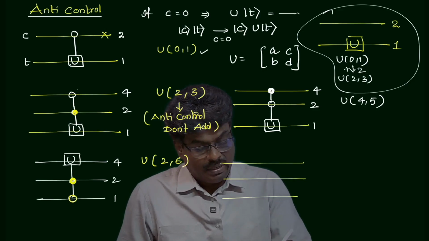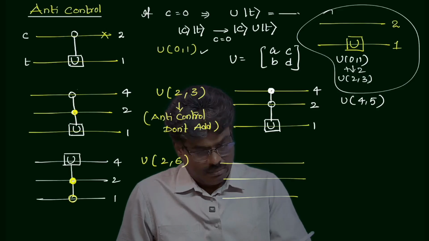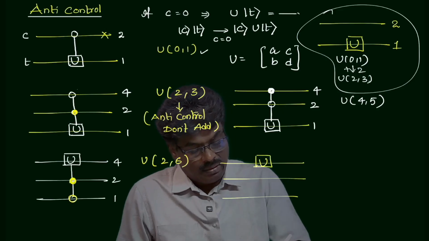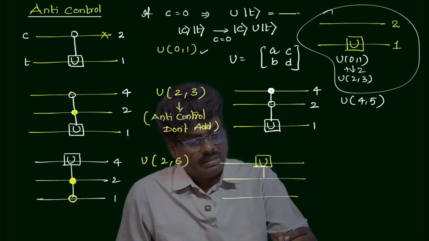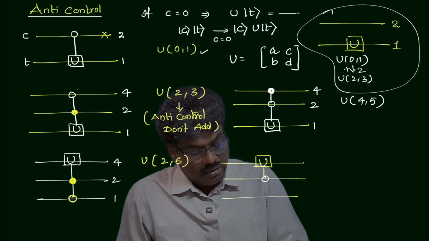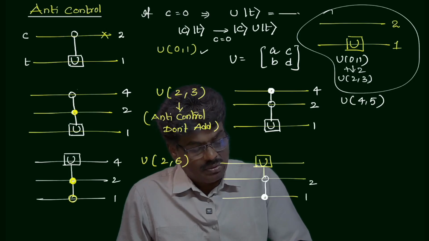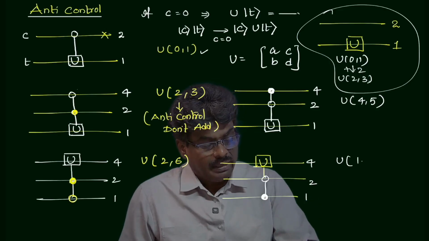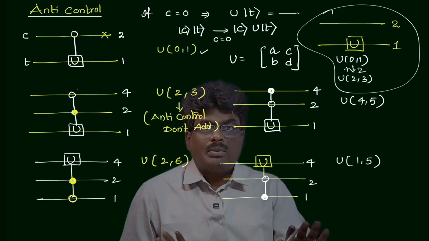Anything you can take, it's not a problem. And this time I'm taking anti-control here and a control here. So 1, 2, 4. This is U of 1 to 4. That's why 1 comma 5, but don't add 2.